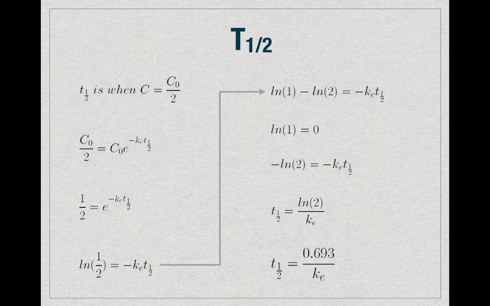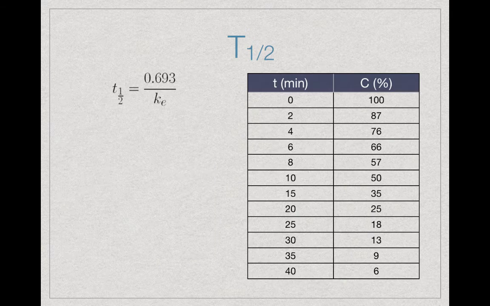So ln of 1 equals 0, which drops out that term. So minus ln of 2 equals minus Ke T1/2. T1/2 becomes ln of 2 over Ke. Ln of 2 is a constant, so T1/2 equals 0.693 over Ke. So again, this is the blood half-life, or the T half, for the simple one compartment model.